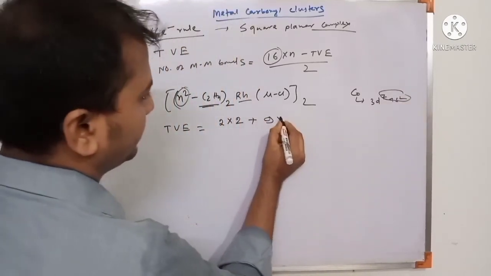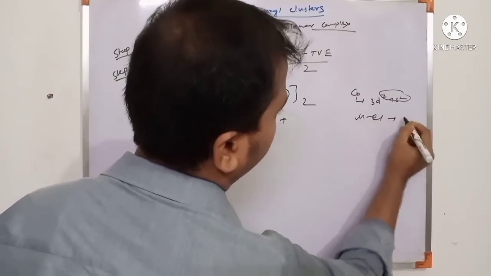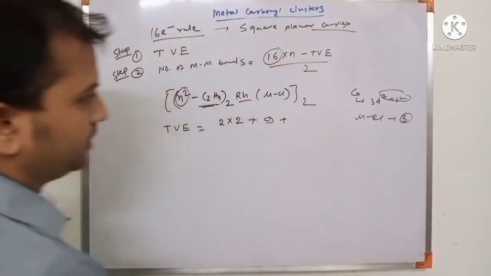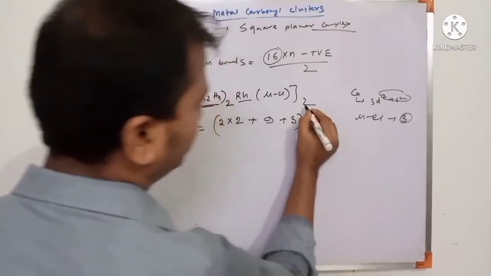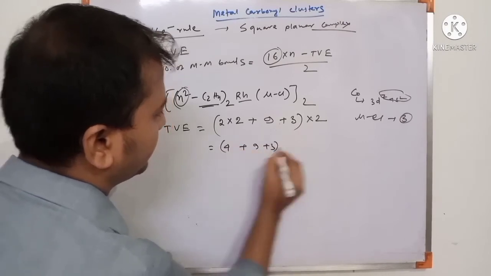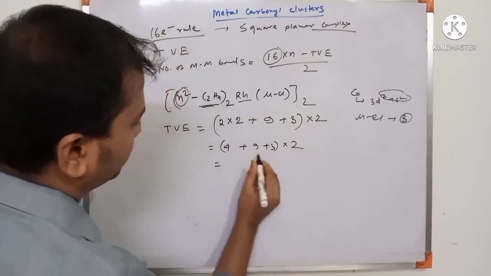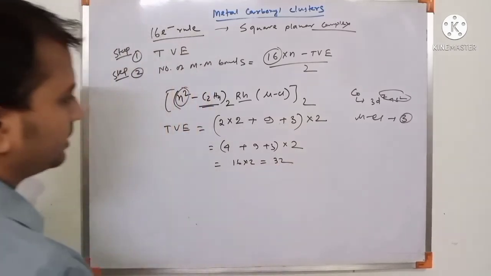So 9 plus mu-Cl, in bridging mu-Cl there are 3 electrons contributed, so 3, and total into 2, equal to 4 plus 9 plus 3 into 2, equal to 16 into 2, equal to 32.